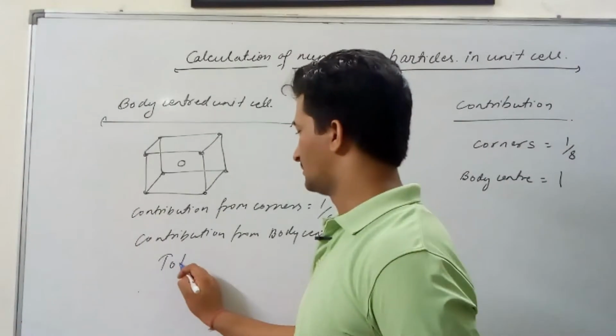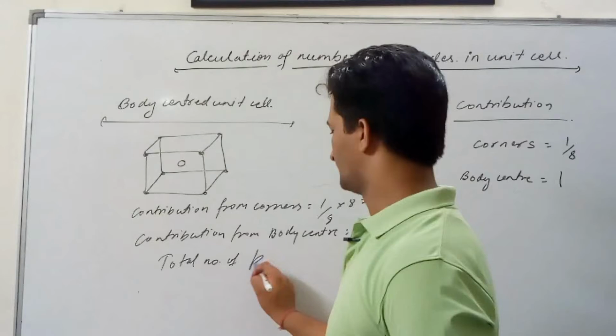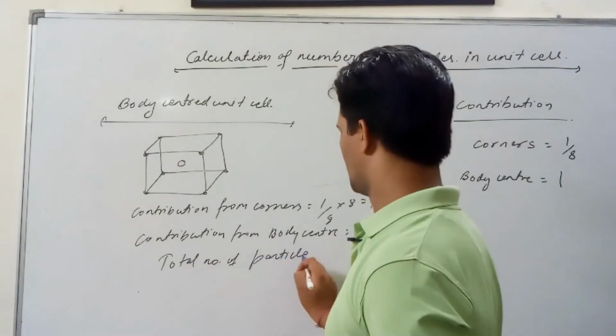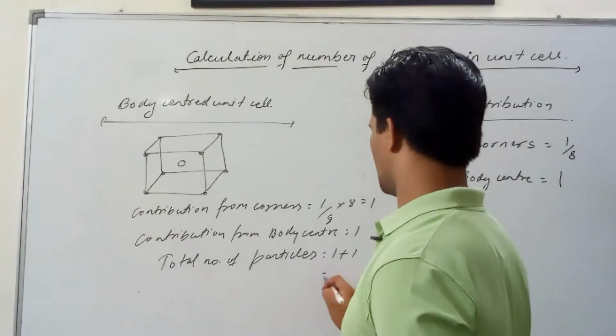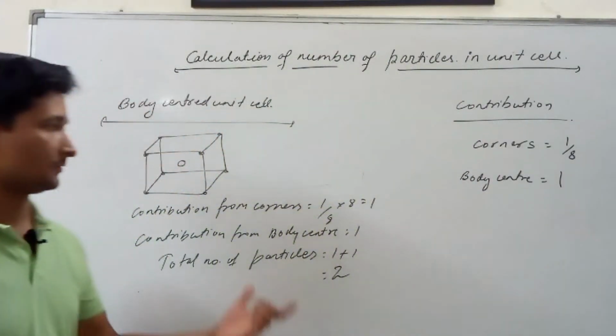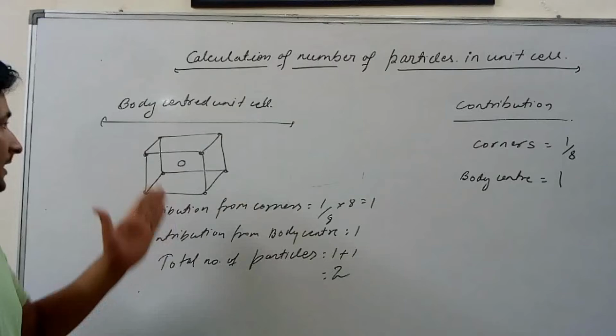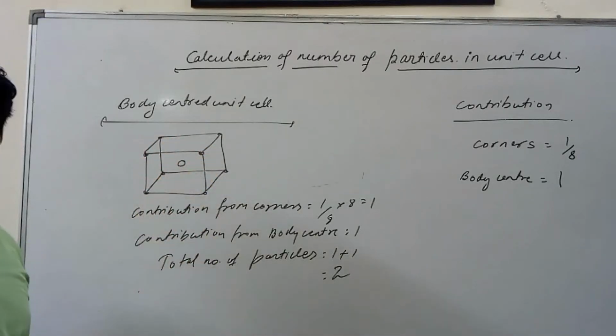So the total number of particles equals 1 plus 1, that is 2. So in a body centered unit cell the total number of particles is 2, but the total number of lattice points is 8 plus 1, 9 lattice points.